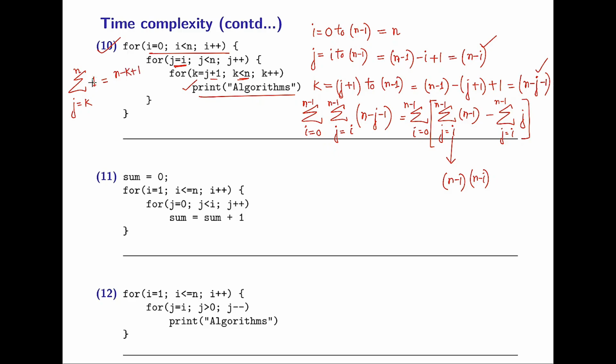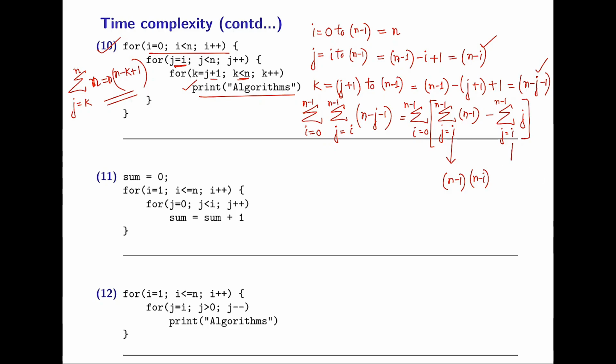So if, let's say, instead of 1 here it is n, then it will be n into n minus k plus 1, right? Now similarly here, n minus 1 minus i plus 1, so that is n minus i times n minus 1, right? So this formula is important.